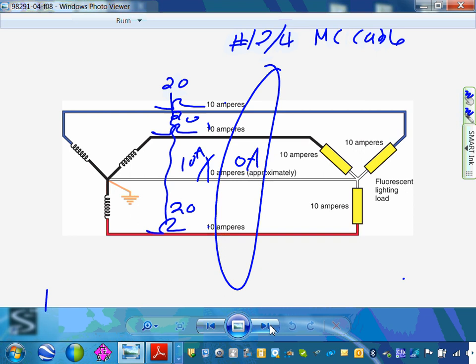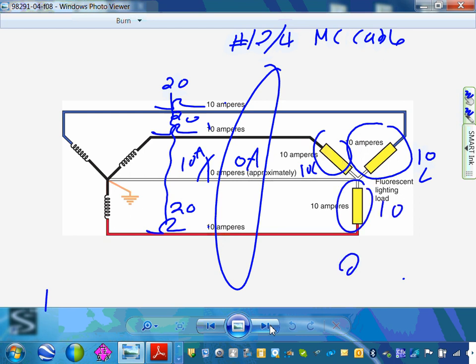So 10 amps here. In this circuit, guys, you can have 10 lights, and this circuit 10 lights, and this circuit 10 lights. So on this system, I can have 30 lights. 30 fluorescent lights, like this one above your head, on this system, on a cable like this.